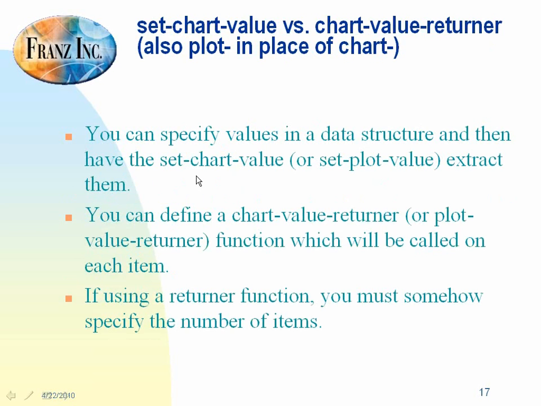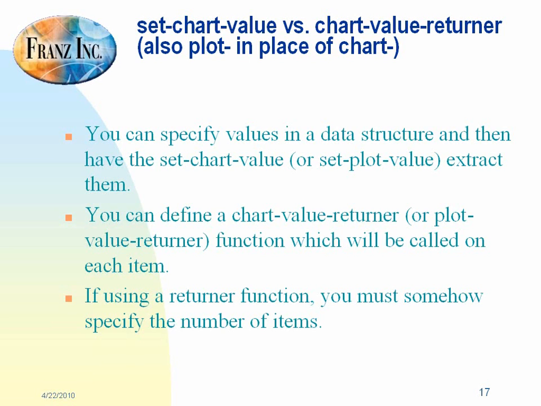You can specify values in a data structure and then have set chart value or set plot value use them. And that's what we did in that sine plot. We just had a loop, and it went through all the values in our list of values, and it plotted them.